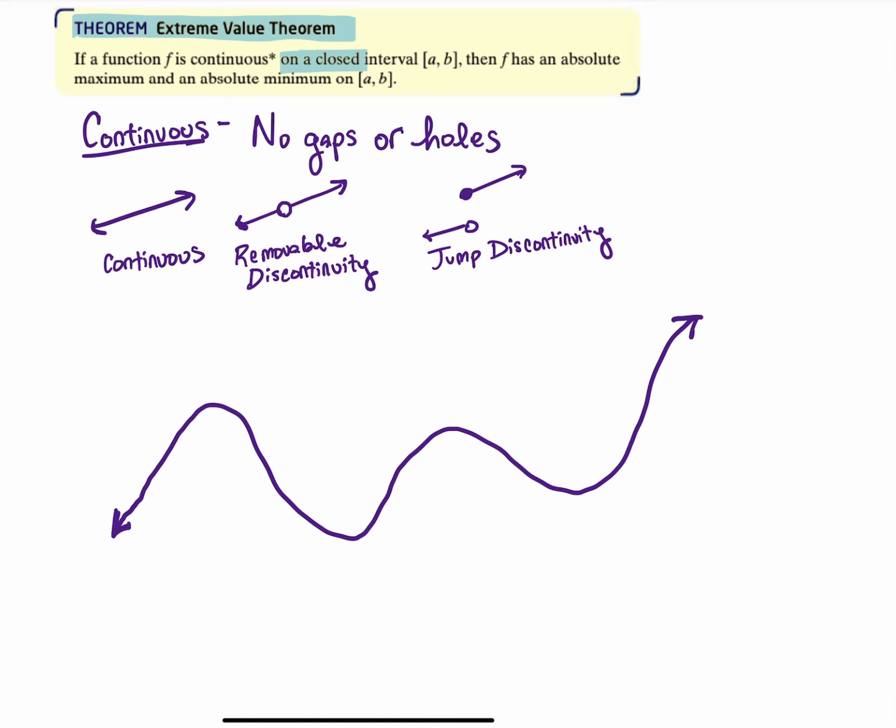So let's say from here to here. We can call this an interval. Since it's continuous, we can imagine this builds a little viewing box around it.